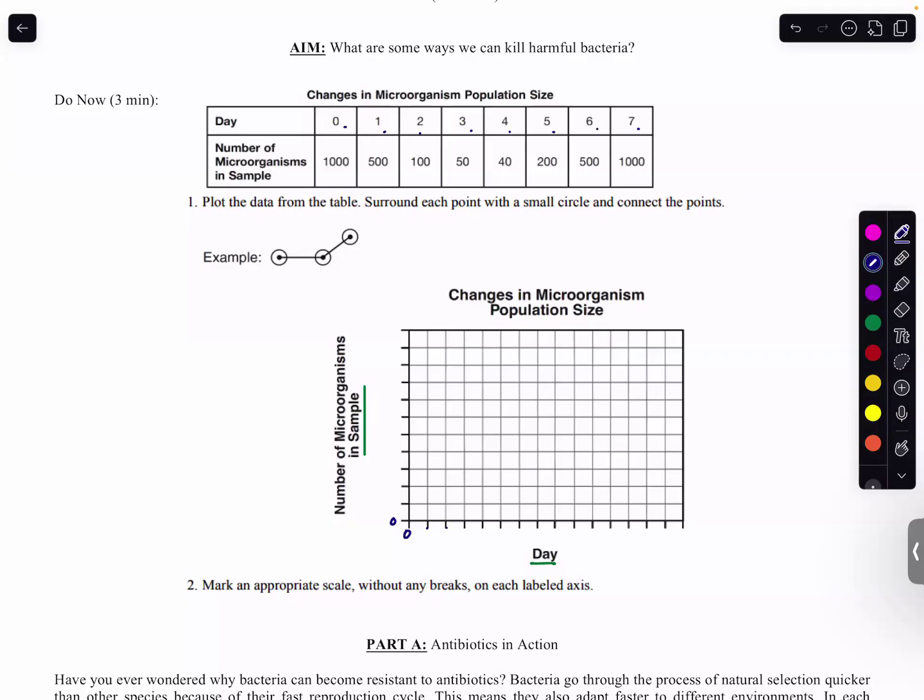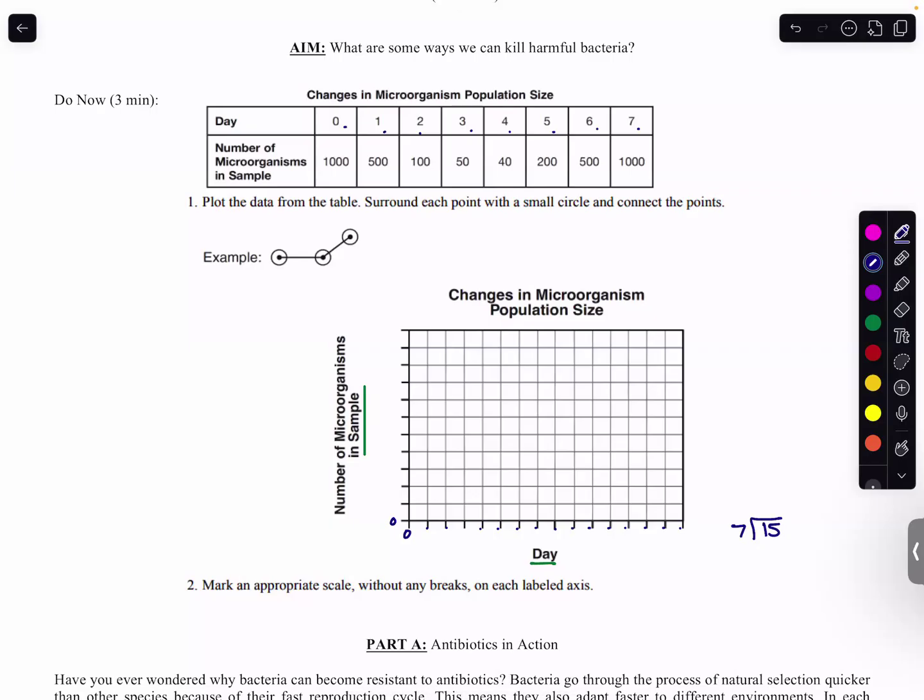But I have 1, 2, 3, 4, 5, 6, 7, 8, 9, 10, 11, 12, 13, 14, 15 hash marks that do not involve 0. So not including the 0 hash mark on the x-axis, I have 15 hash marks going across. But I already have 0 marked. So usually how I find my scale is that I take the number of hash marks that I have and divide it by my highest number on that axis.